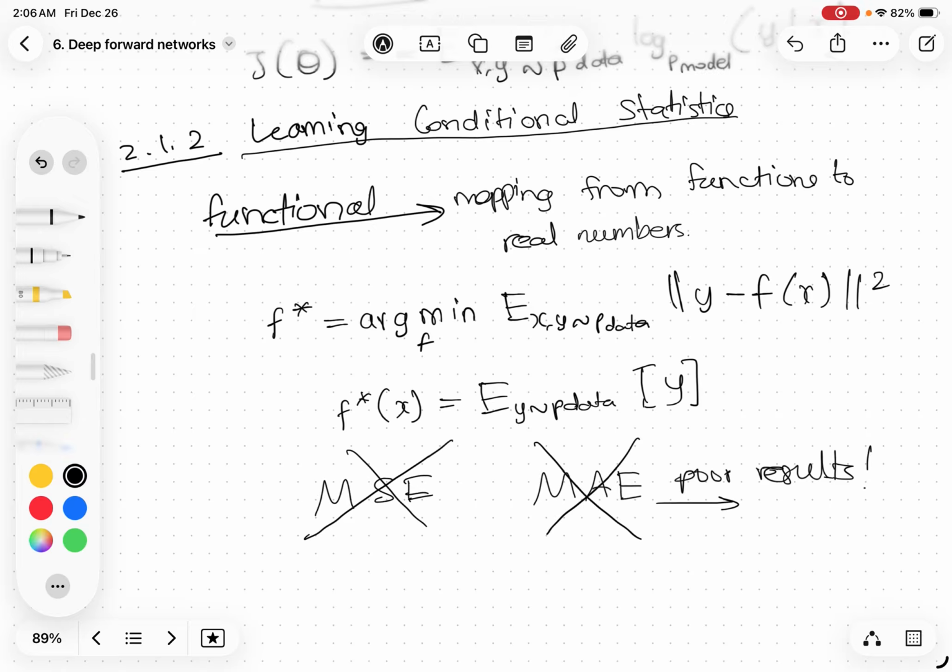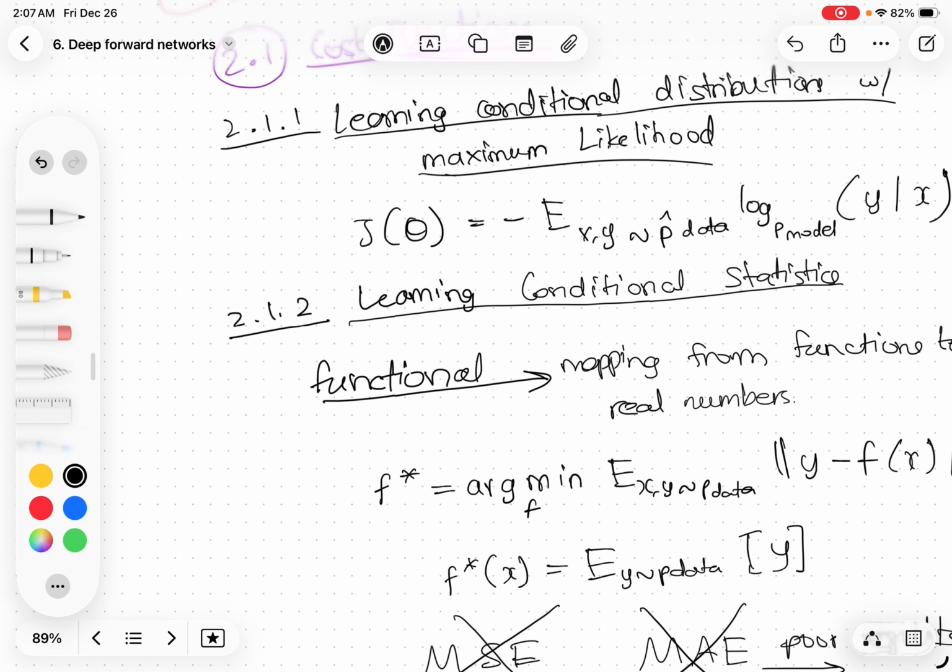Some output units that saturate produce very small gradients when combined with these cost functions. This is one reason that the cross entropy cost function is more popular than mean squared error or mean absolute error, even when it's not necessary to estimate an entire distribution of p of y given x. So even though in conditional statistics we are using this conditional instead of the entire thing, it turns out this is just better.